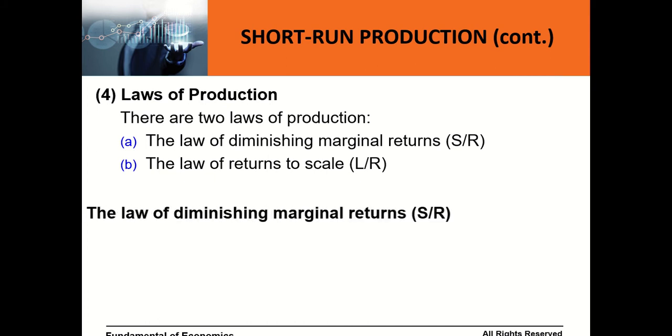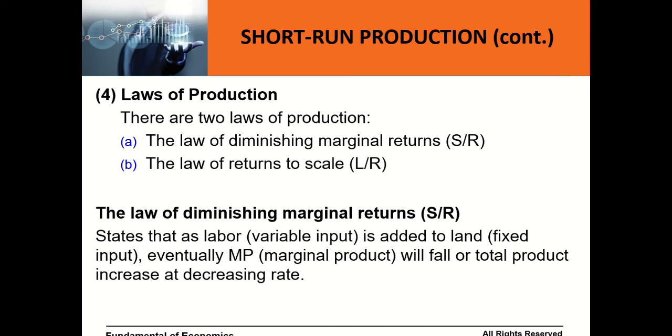Okay, so what is the meaning of law of diminishing return in short run? It simply means that as one input, mostly variable input, is added to land, in our example land is fixed input, the marginal product will fall or total product increase at decreasing rate. Okay, so that's what we call diminishing marginal return.